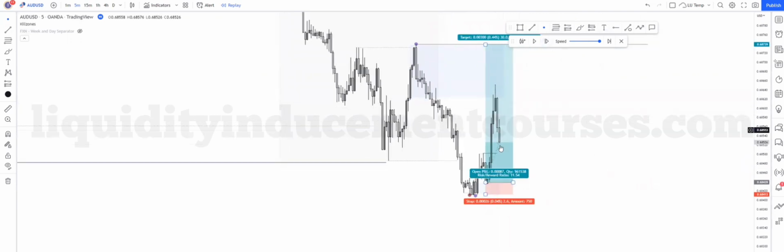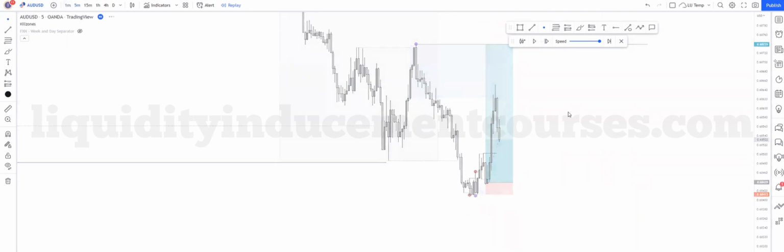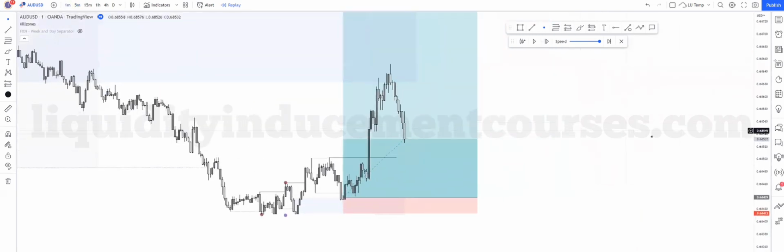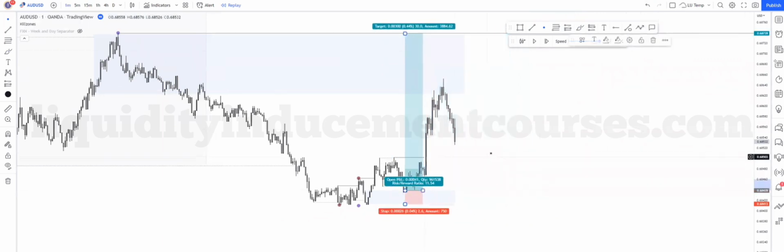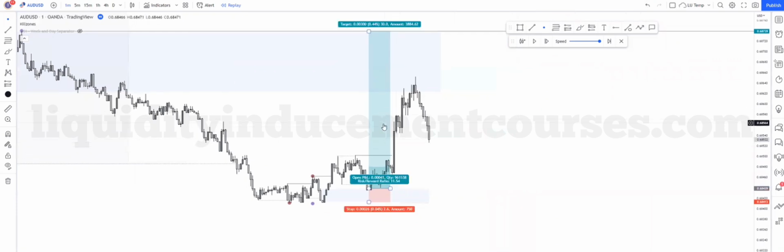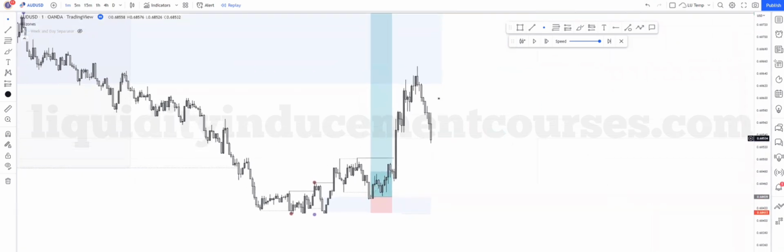All right, there's the retracement, there's a pullback. Okay. So let me just get this out the way for a bit. I'm still holding this. So now we have a run liquidity and a break in structure.